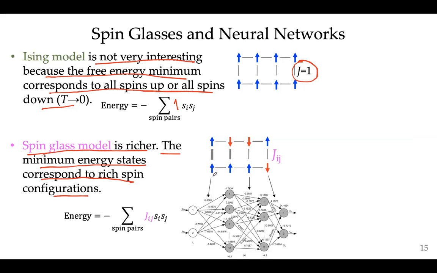The analogy here is that the spins are the final spins. When the system is in the minimum, when the free energy is minimized, the spins correspond to the weights in the trained neural networks.